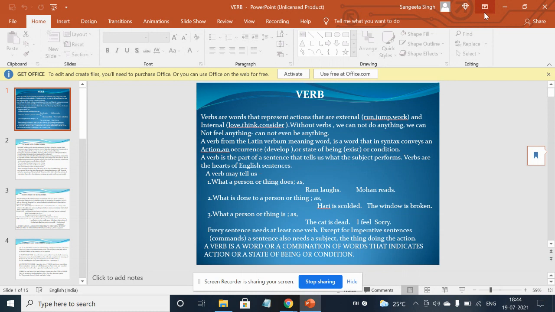I repeat again, except for imperative sentences, especially in commands, a sentence also needs a subject. A verb is a word or a combination of words that indicates action or a state of being or condition.